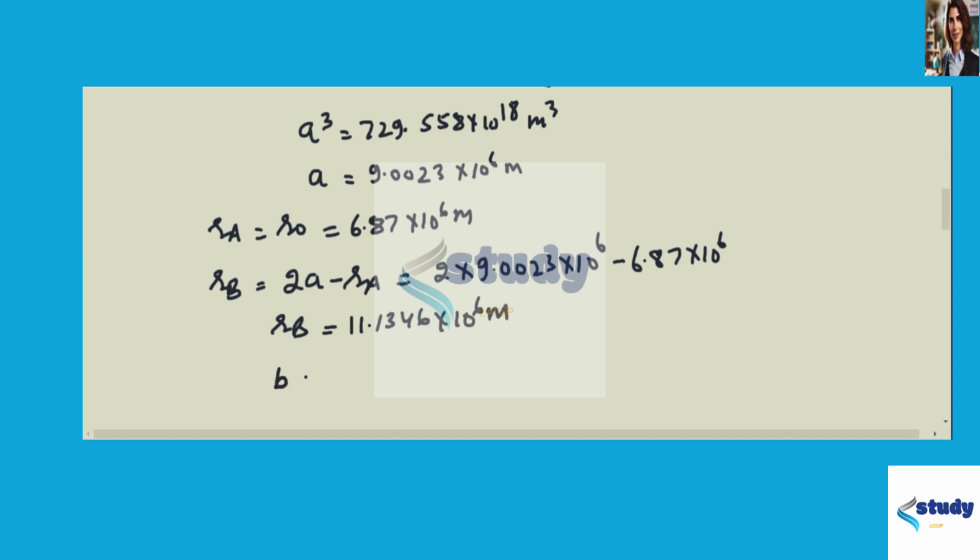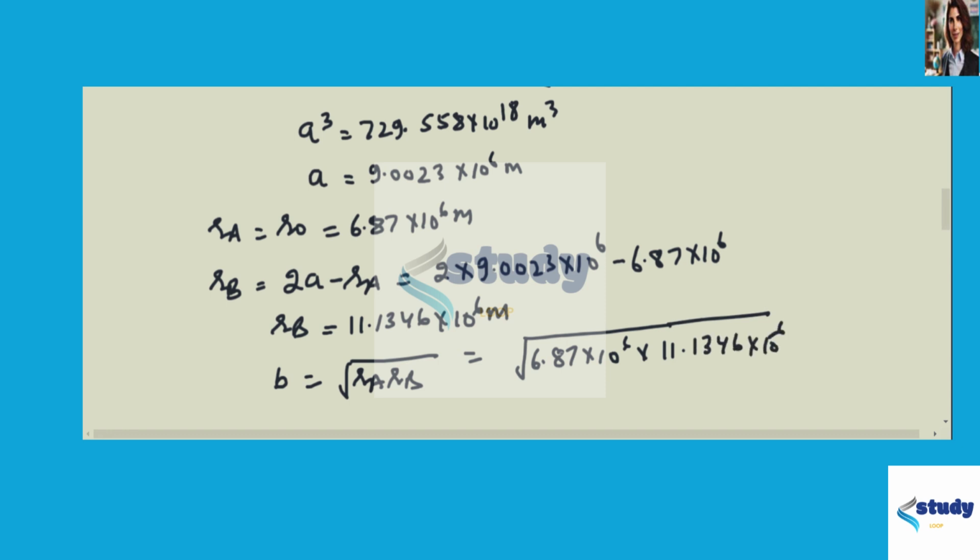So the value of b you will get by substituting the value of Ra and Rv. So the semi-minor axis you will get 8.7461.